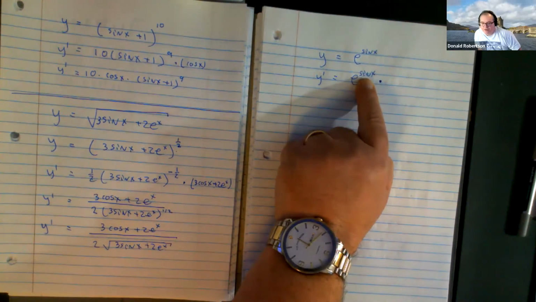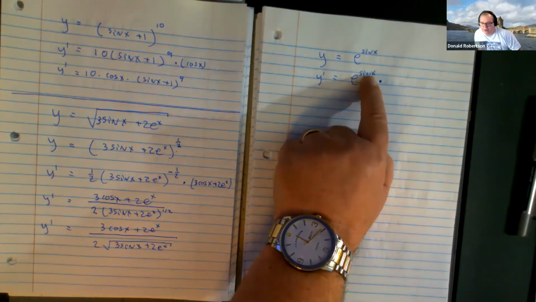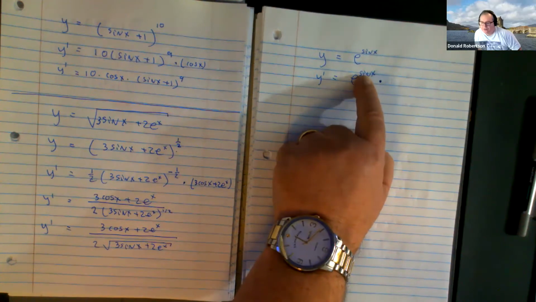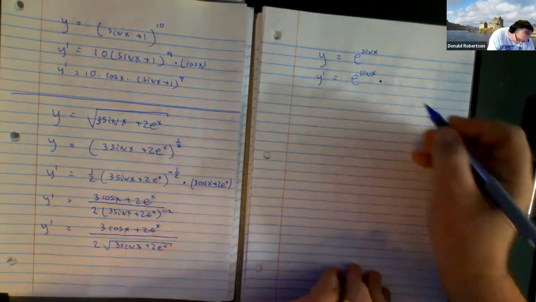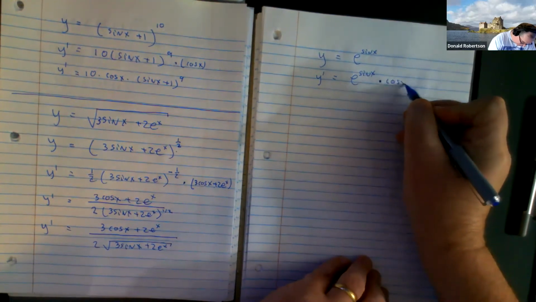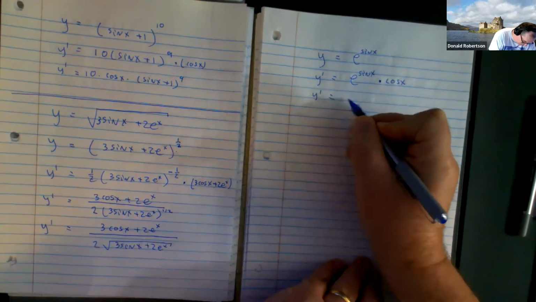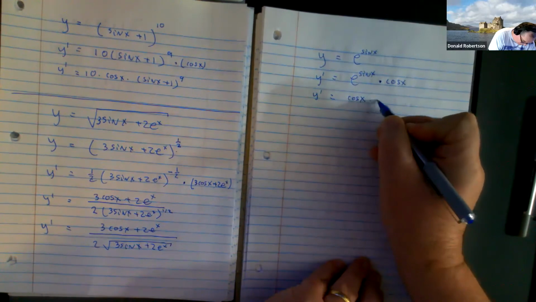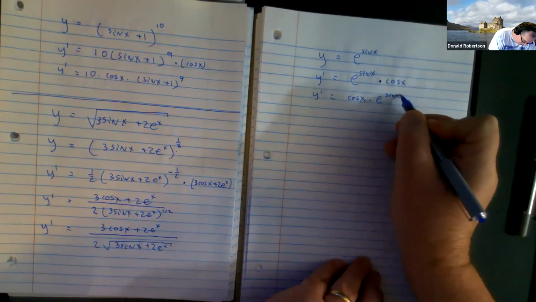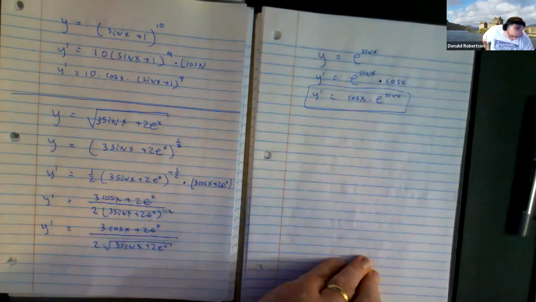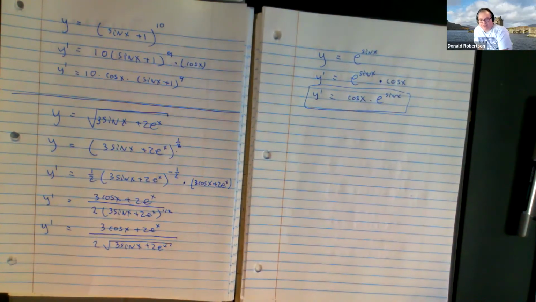And in the chain rule, don't you then differentiate the something? So the inside function, as it's called, sine x. If you differentiate that, you get cosine x. So the derivative of e to the power of sine x is cosine x times e to the sine x.